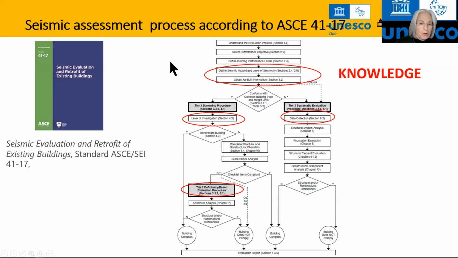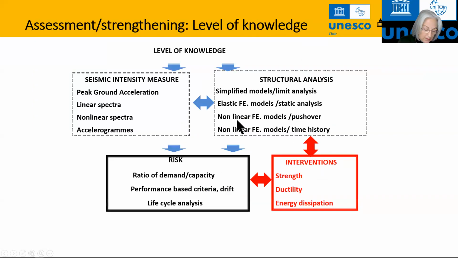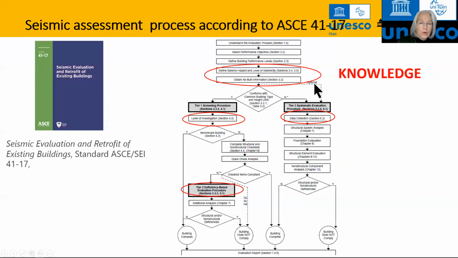But what I want to alert you to in these graphics, which can be discussed in more detail later, is that this is the flow chart of assessment. And as you can see here, there are 3 different tiers: a tier 1, a tier 2, and a tier 3. But even before starting, you see that there is the need to define the seismic hazards and the level of seismicity, and there is a need to obtain as-built information.